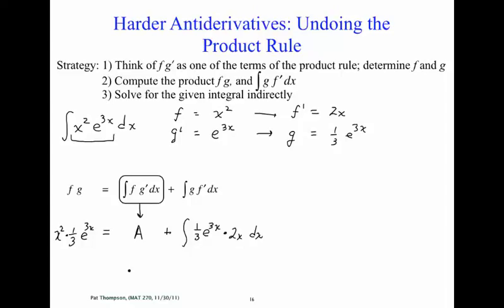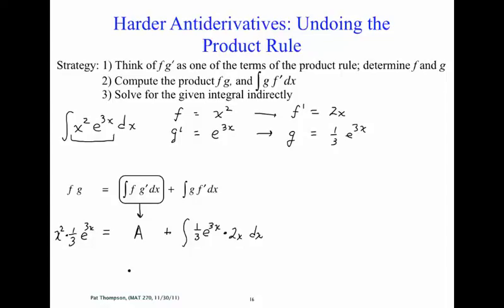How do we do? Do we get an easier antiderivative? Is that one we can do? Yeah. How can we do it? Okay, so just move the x squared times 1/3 to the other side.